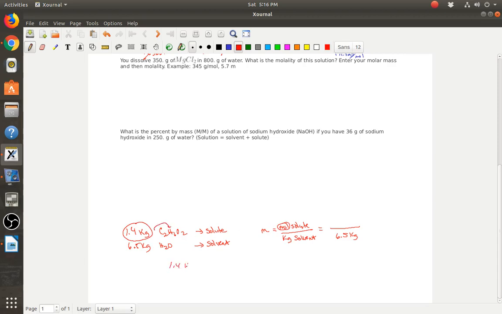So 1.4 kilograms, I first have to turn it to grams, because 1,000 grams are in 1 kilogram. Remember, a gram is like a paper clip, and a kilogram is 1,000 of them. And the molar mass is grams per mole. So kilograms cancel, and now we're going to just have grams of that.